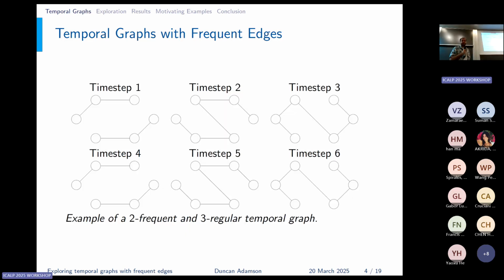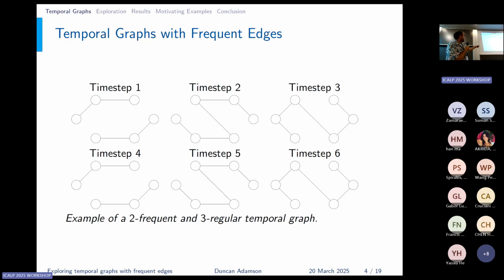So to get an example of a graph with frequent edges, here we have a 2 frequent and 3 regular temporal graph. So firstly, to get the regularity, we can just see that I copy and pasted the top row and the bottom row. So of course it's going to be 3 regular, because exactly the same edge set is active in everything 3 time steps apart.